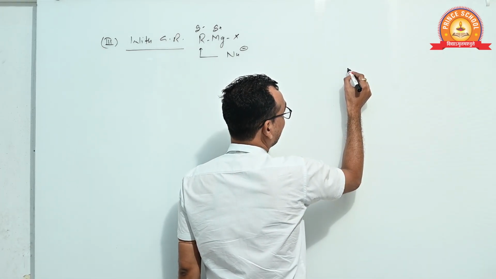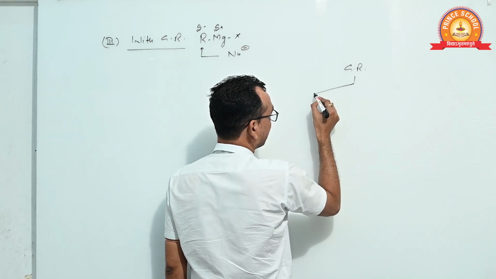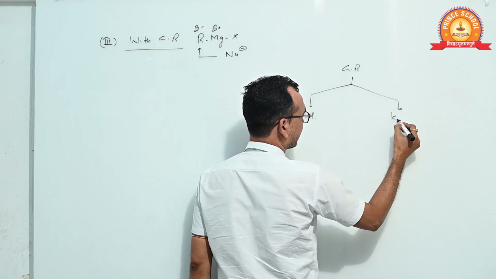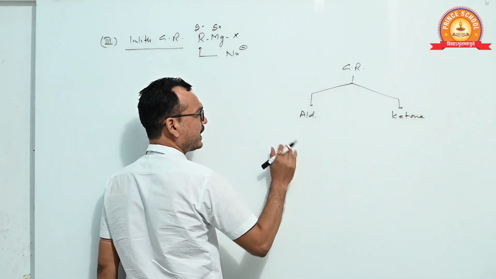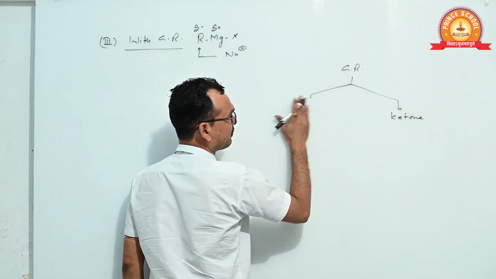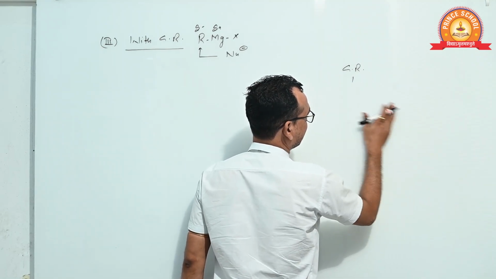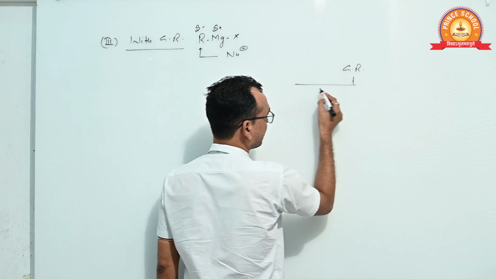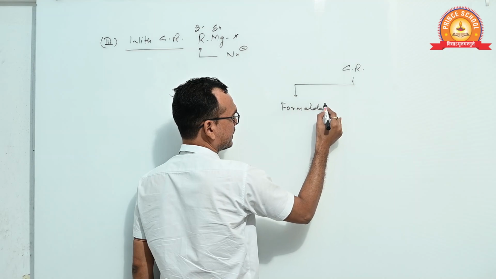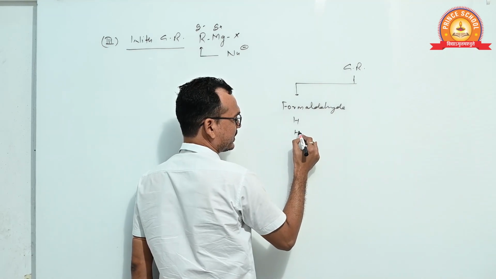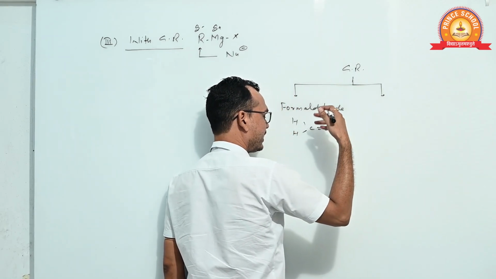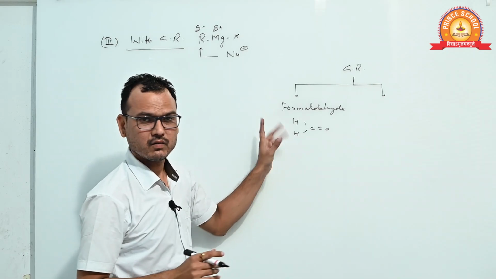We have two types of carbonyl compound. We know that when GR reacts with aldehyde and ketone, and we are also separating the aldehyde. First is formaldehyde, HCHO, H–C double bond O. Second is the remaining aldehyde other than formaldehyde.